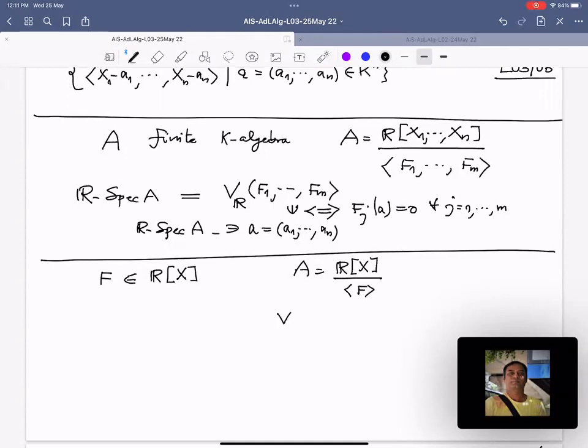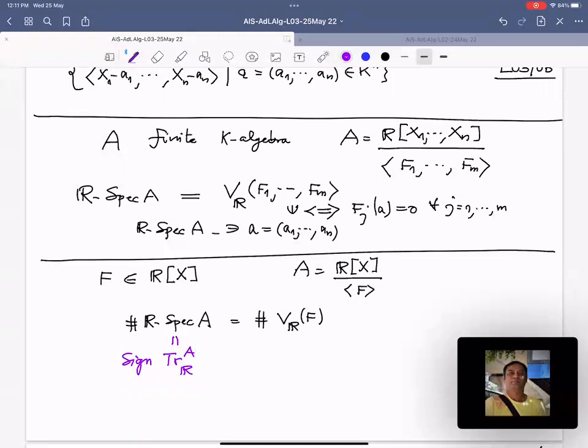So the number of zeros of f on one hand, that is precisely the number of points in the R spectrum of R[x] mod f, that is the R spectrum of A. And if I prove that this is equal to the signature of the trace form, then I will know how to count it.